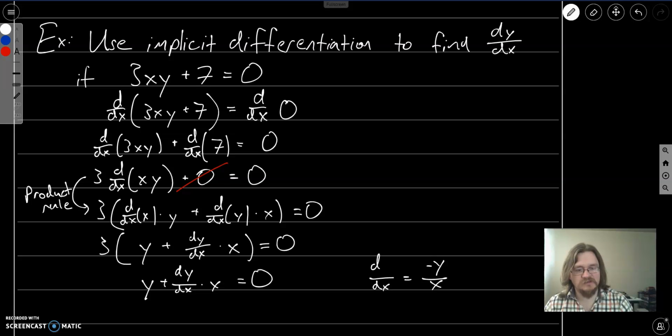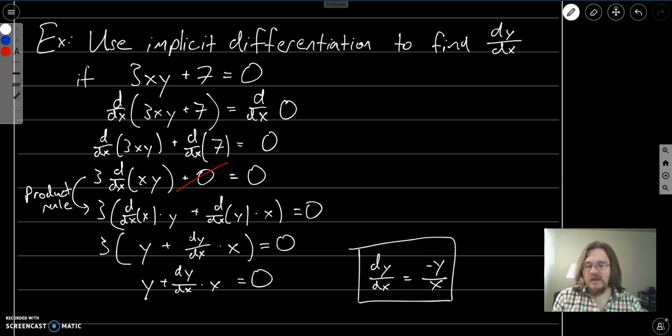Sometimes my y's and x's look similar, so I apologize. And this is our answer. Again, I move y to the other side, so I have a minus y. And then I divide both sides by x. And that's it.